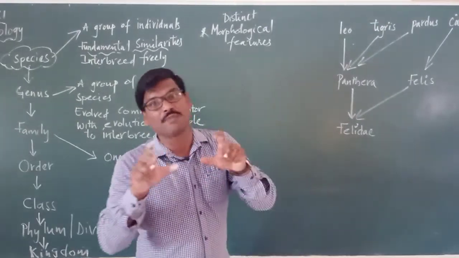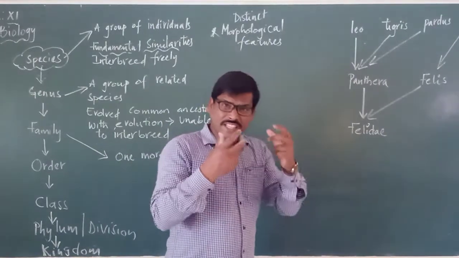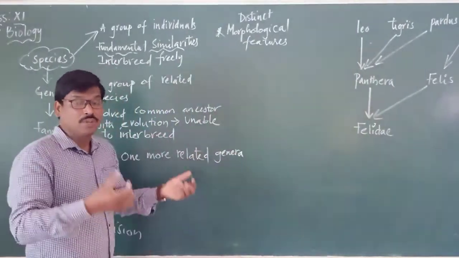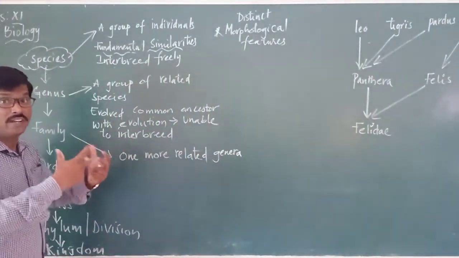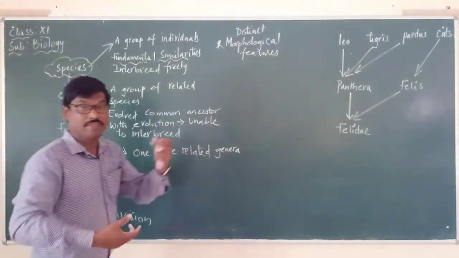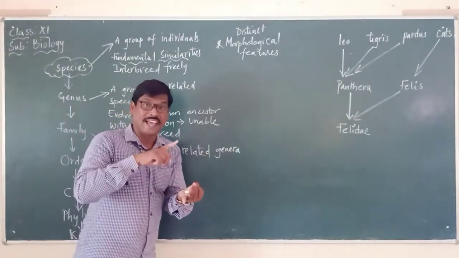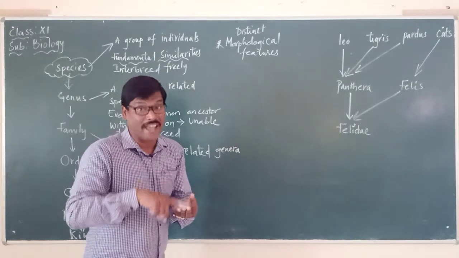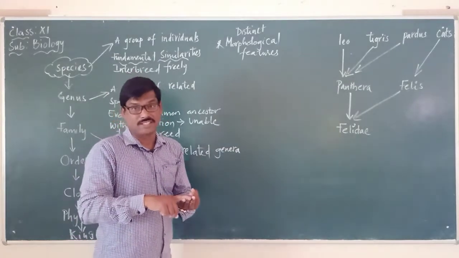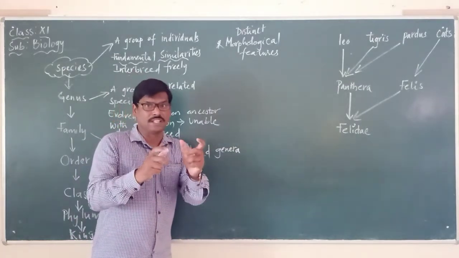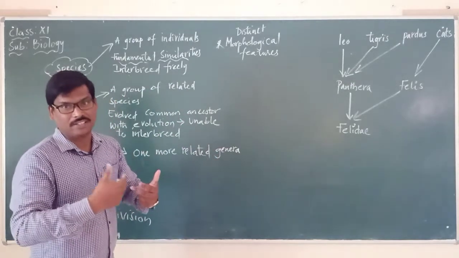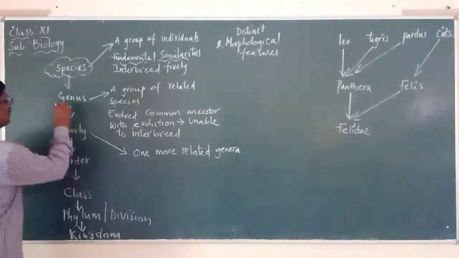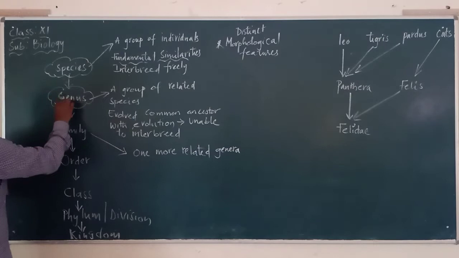So all these are different species. Now these species are grouped together and kept in the next rank. We call it a rank, a category, a taxon, or taxa. Okay, singular, taxon. So we keep it in the next category. The next category is the genus.